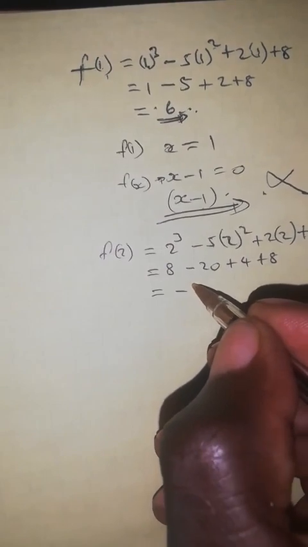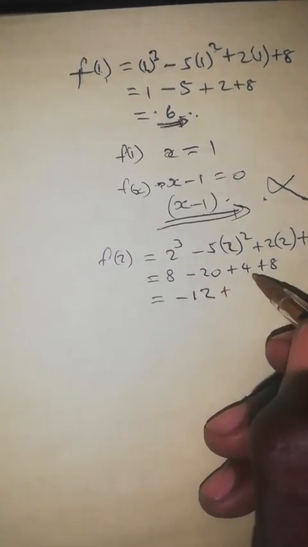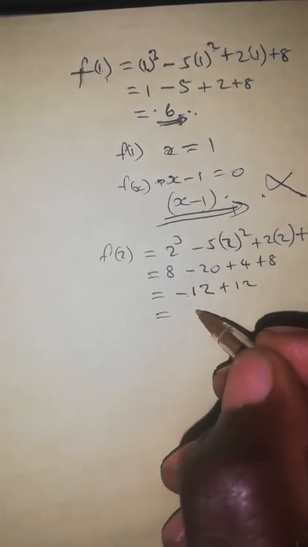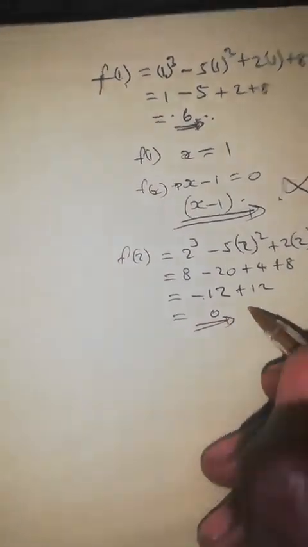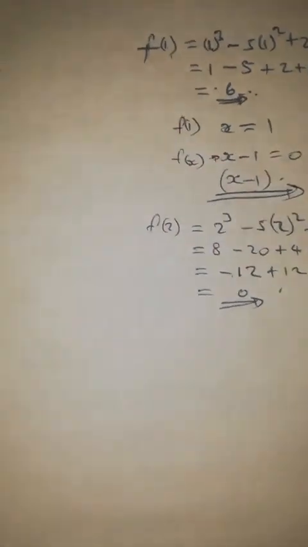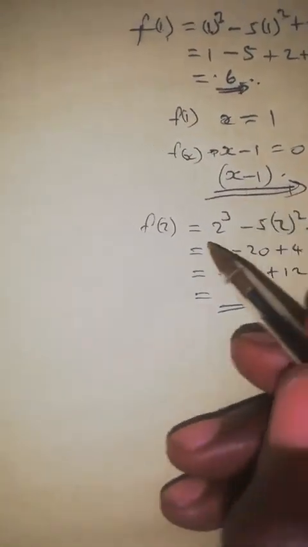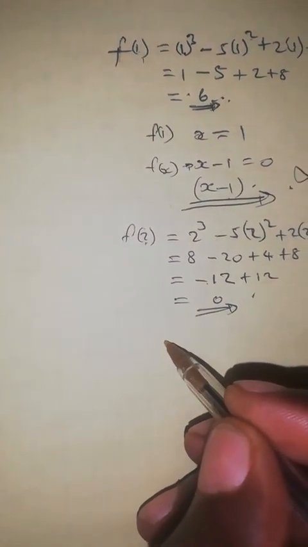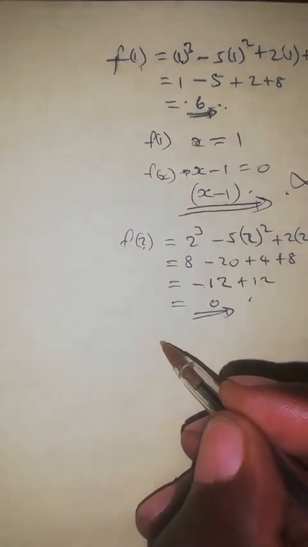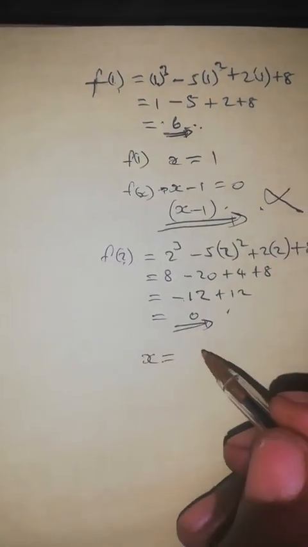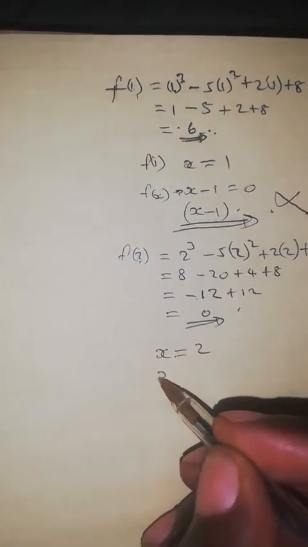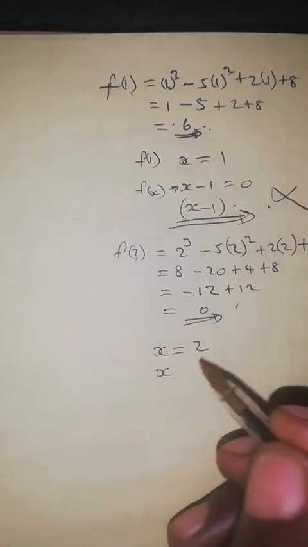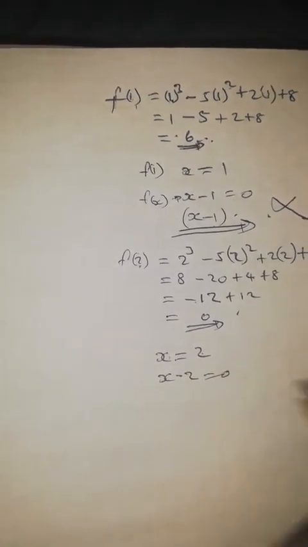It's minus 12. Plus 4 plus 8, it's 12. Therefore, minus 12 plus 12, it's 0. Now you see this one doesn't leave a remainder, which means it's a function of 2. Therefore, x is equals to 2. X, if it comes this side, it will be minus 2 is equals to 0.